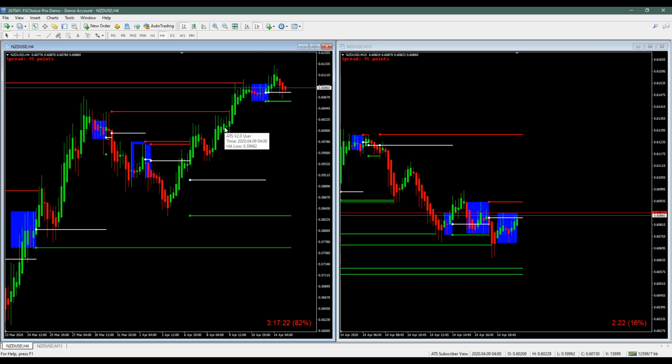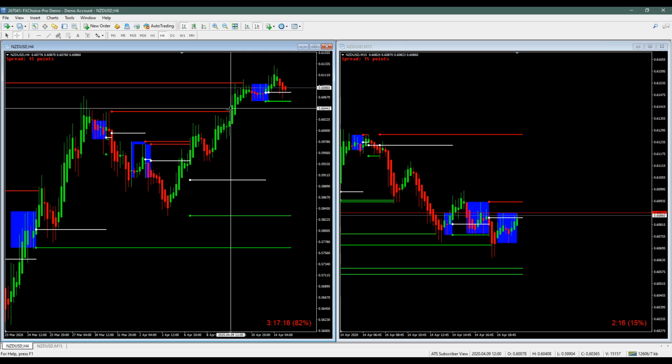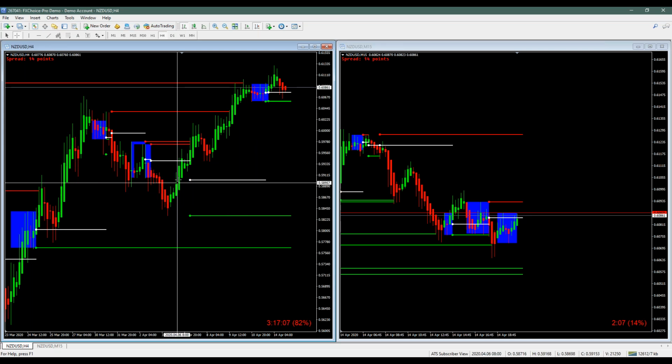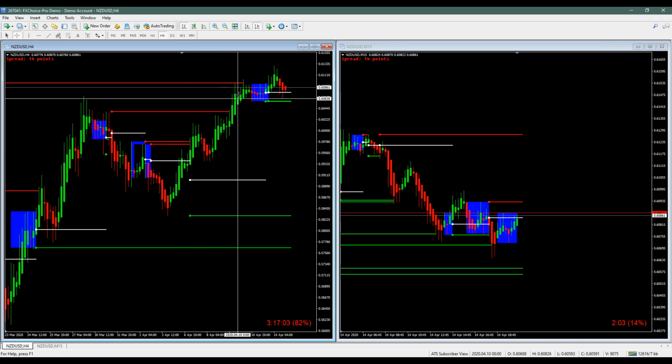Something that you mostly want to avoid, or take with a grain of salt, is this: we had this expansion line back here. This was the second of April, and we've gone all this way, pushed pretty far away from that expansion line. You don't want to start getting interested right here.